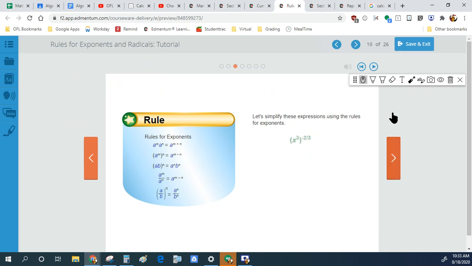All right. So, and then this one, they're just explaining how the negative makes it a fraction. Other than that, oh, first they're multiplying. So we're combining rules here. We're going to multiply these together. So this 3 times negative 2/3.